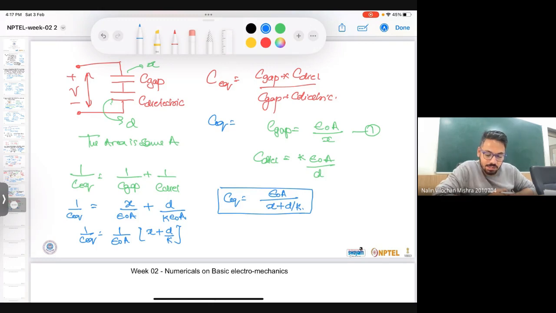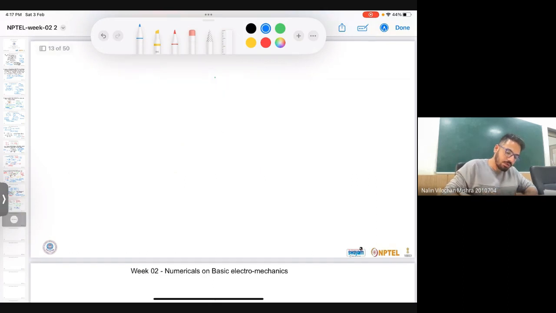So everyone is getting the same value of capacitance, C equivalent. You can type in the chat box if you are having some difficulty in solving these equivalent capacitances. No? Okay. Now we need to calculate the force.